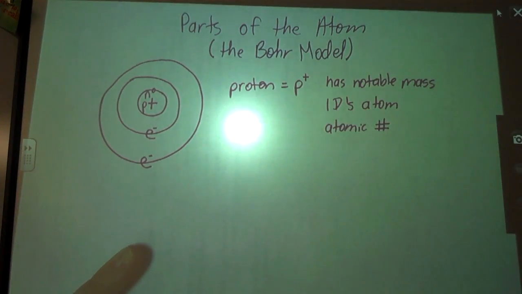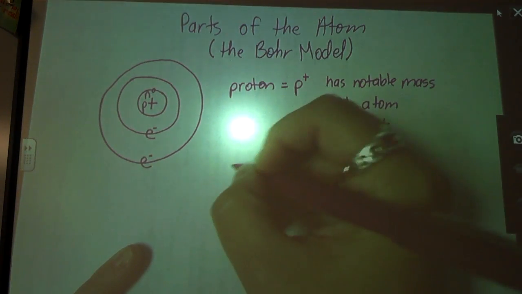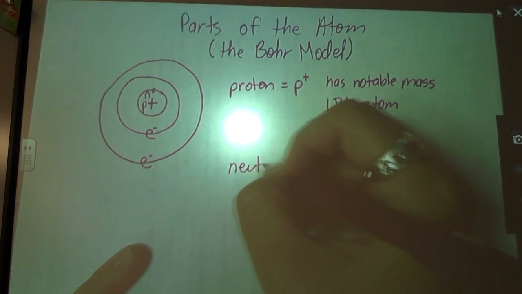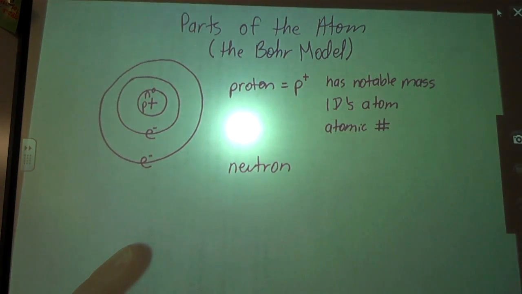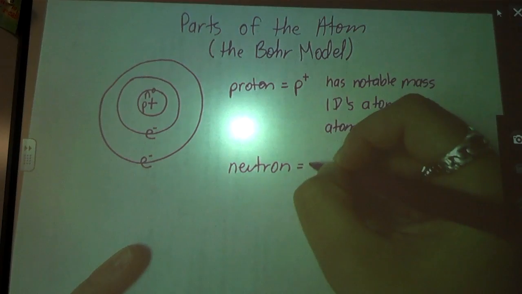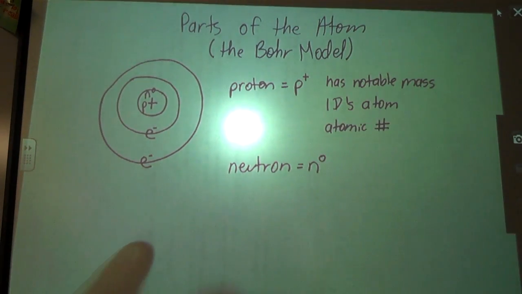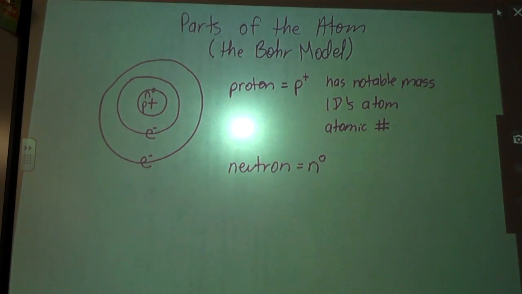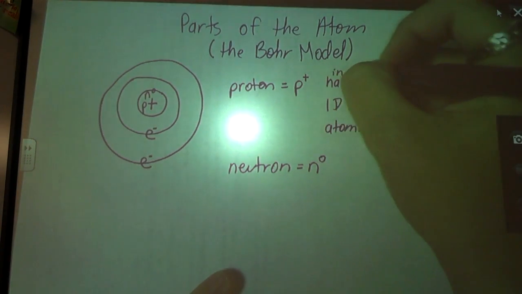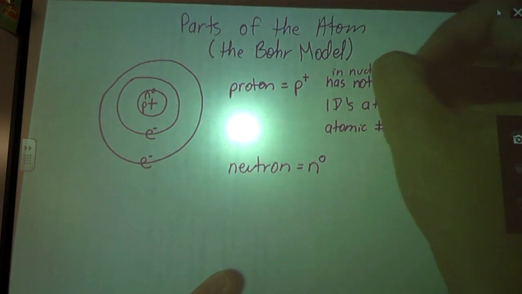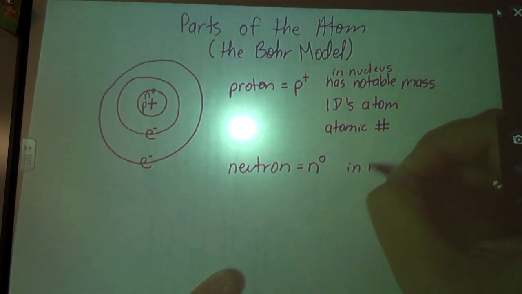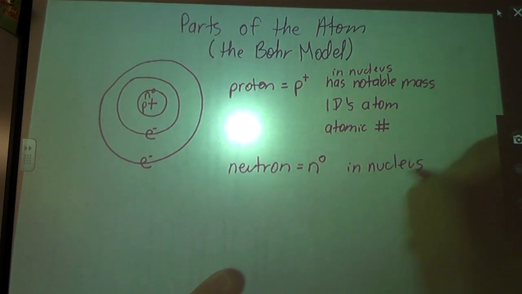The second particle that is located in the nucleus, as we said, is a neutral particle by the name of the neutron. Since it has a neutral charge, it is represented with an N with a little 0, so it has no charge. Let me put that in nucleus. This is also in the nucleus, and it also has notable mass.